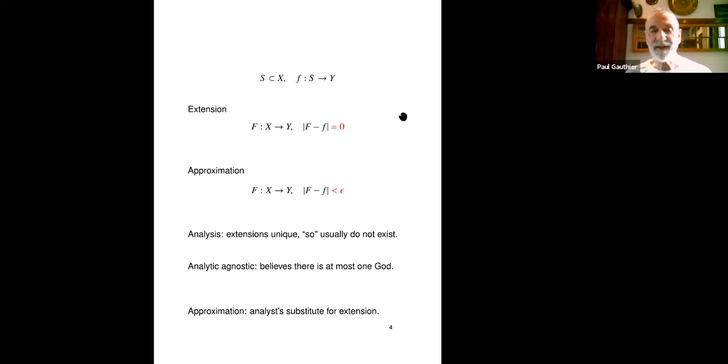Here's a definition of an analytic agnostic: a person who believes there's at most one God. So because extensions are difficult to do in analysis, I view approximation as an analyst's substitute for extension.